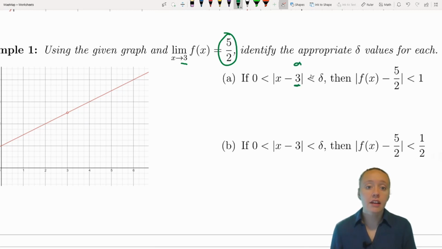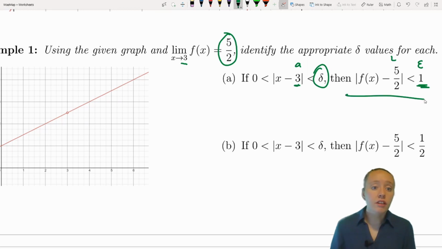There's our A, which is less than delta. Then the absolute value of f of x minus L is always less than 1. Well, 1 is our given epsilon value. So we're saying that epsilon is 1. So if we have some delta value, then our function minus L is always going to be less than 1 for that delta value.